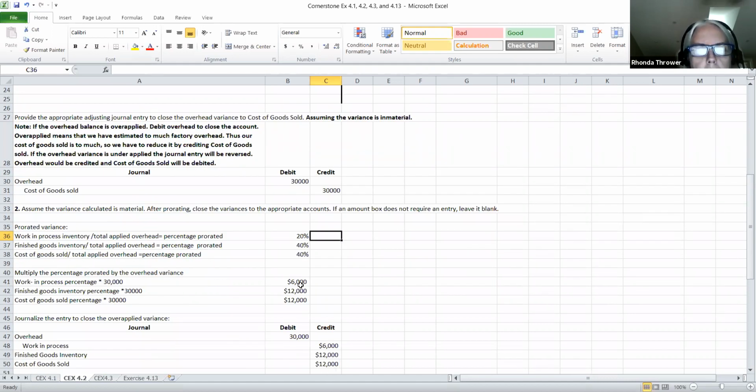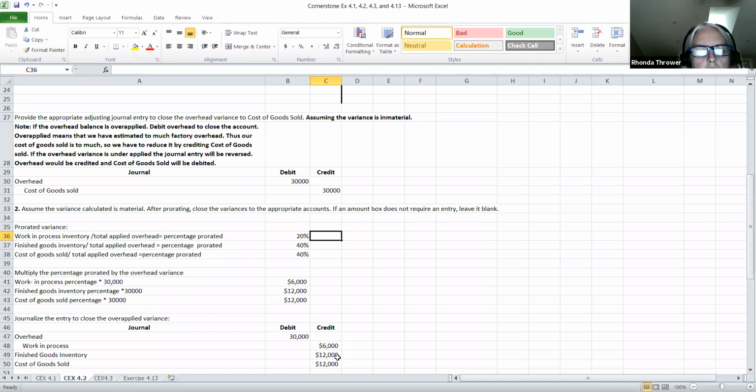Now we're going to put a money amount to these percentages. So 20% of the overhead variance, which was 30,000, is $6,000 that we would be reducing our work in process for in our journal entry. 40% of 30,000 is 12,000.